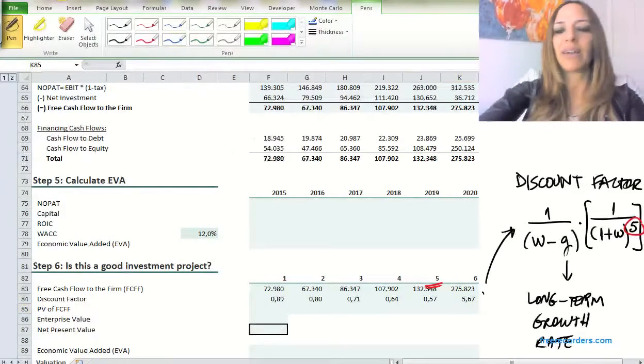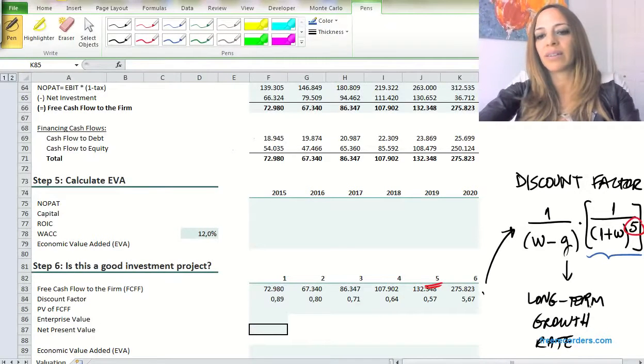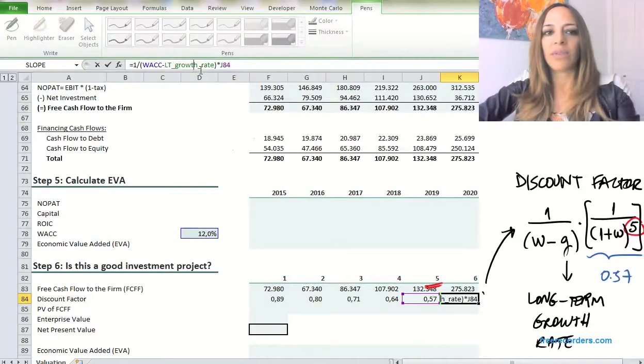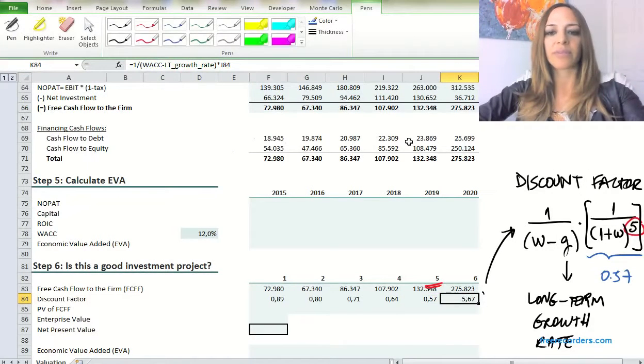We always have it on the left side. All of this is 0.57 in this example. Therefore, all I did was to divide 1 by the weighted average cost of capital, which is 12%, minus the 2% long-term growth rate, times the previous factor.